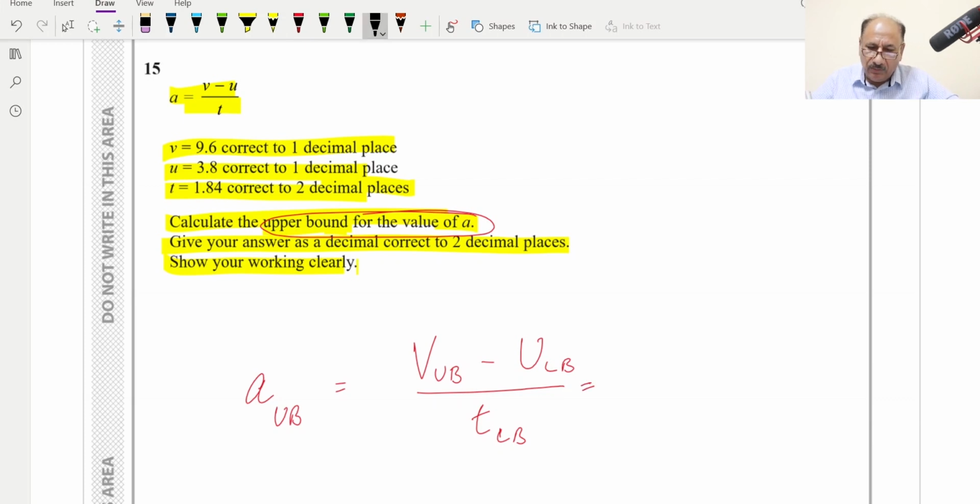So the upper bound of v will be what? 9.65. 9.65 will be the upper bound of v, and the lower bound of u will be 3.75. And then the lower bound of t up to two decimal places, so 1.835.